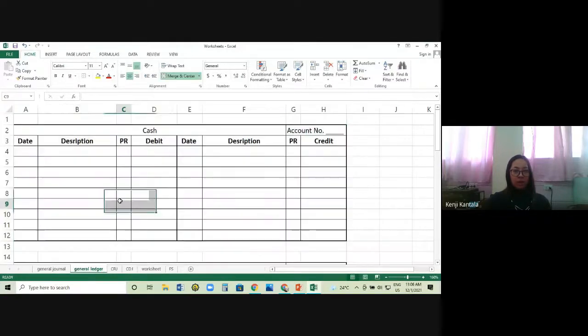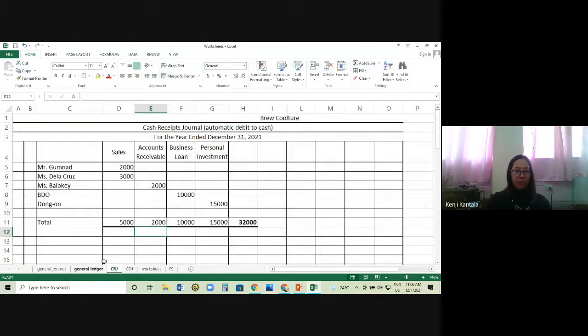So, unahin natin dito, yung first na ledger natin is we have cash. So, from our cash receipts journal, ang total na receipts natin for our cash is at 32,000 pesos. So, we go back to our general ledger. Pwedeng ilagay mo doon.